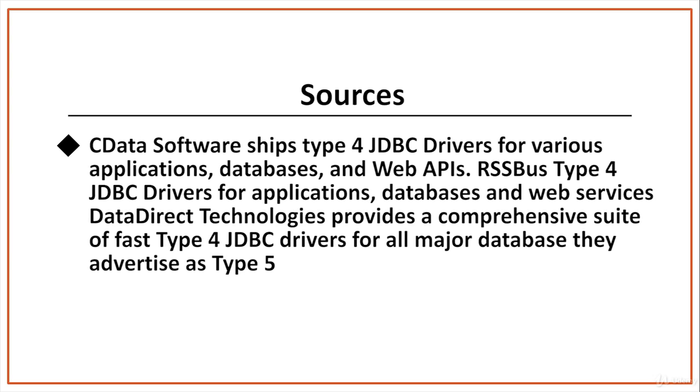CData Software ships Type 4 JDBC drivers for various applications, databases, and web APIs. RSS Bus ships Type 4 JDBC drivers for applications, databases, and web services. DataDirect Technologies provides a comprehensive suite of fast Type 4 JDBC drivers for all major databases, which they advertise as Type 5.